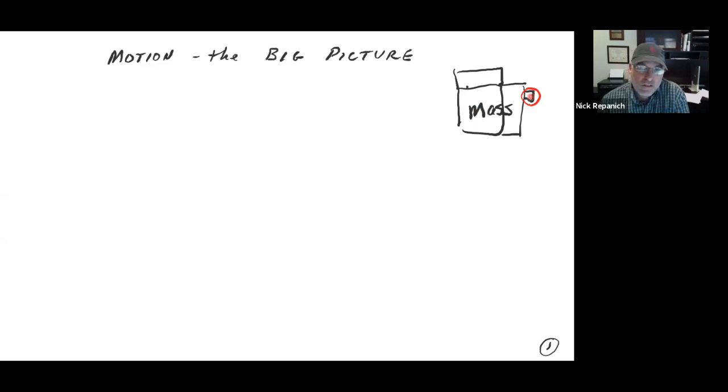So the first thing you start thinking about when you're designing mechanics is weight matters, mass matters, inertia matters, but also how to move the load you really want to move and not have a whole bunch of other stuff to move.